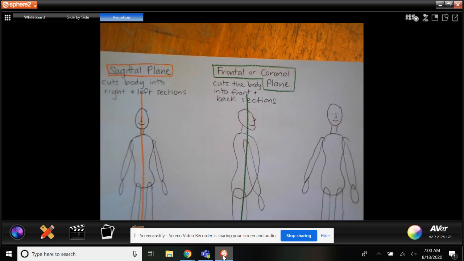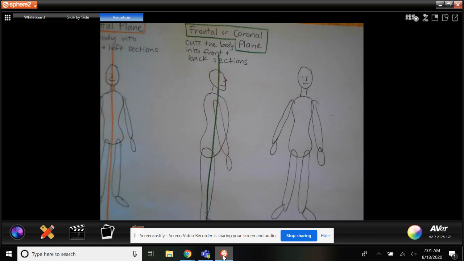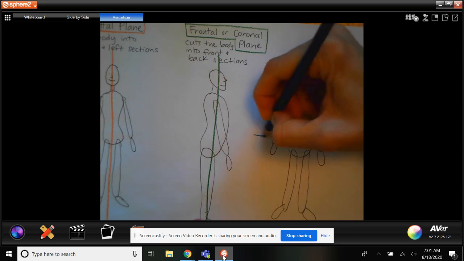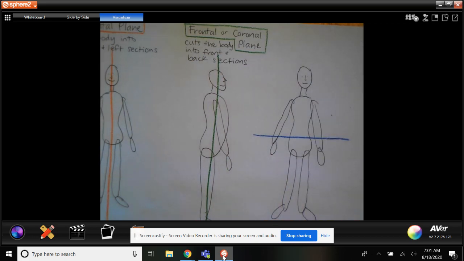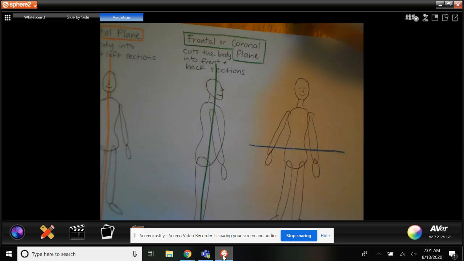And then the third way that we can cut a body into pieces is to go across. So for this one, it's going to go right like this. So it doesn't have to be right in half. Like it would still count as this type of plane if we go across the shoulders or we cut across the knees. But the point of this one is it gives you a top and a bottom section. And this one also has 2 names.